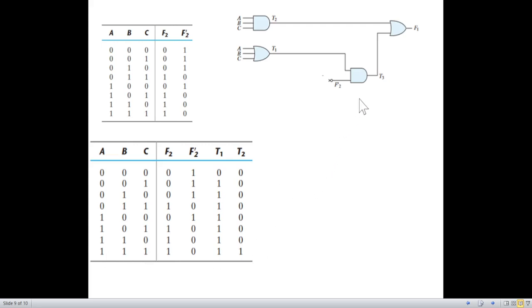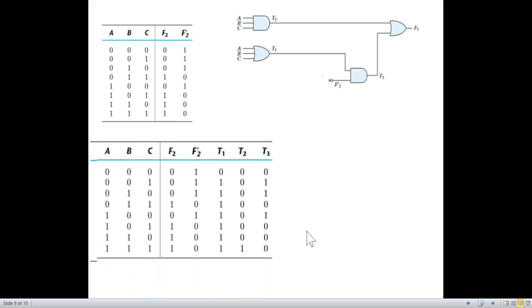Okay, so what is left now is T3 and then F1. So T3, you can see, is an AND gate with T1 and F2. So T1 and F2, and an AND gate, so wherever both are 1, only there T3 will be 1. So here, here. So this is T3.